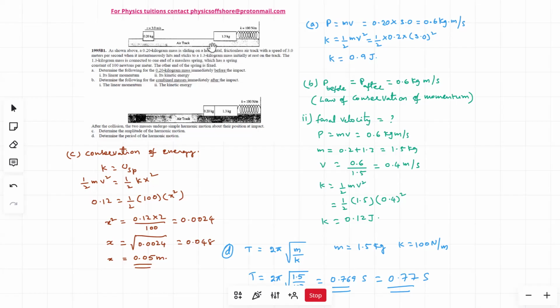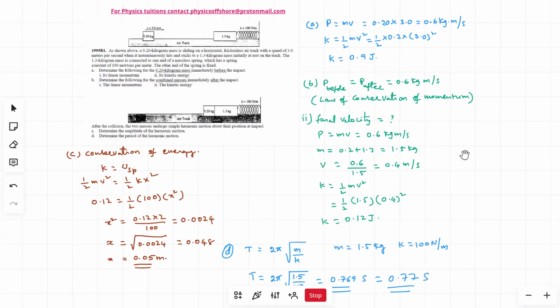After the hit, both blocks are attached to the spring, and the entire system acts as a simple harmonic oscillator. For this oscillator, we have to find the amplitude and the period of the oscillations.